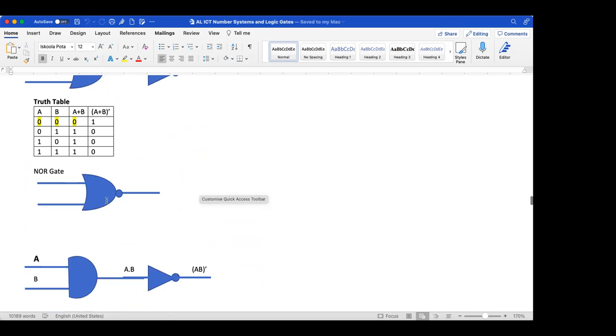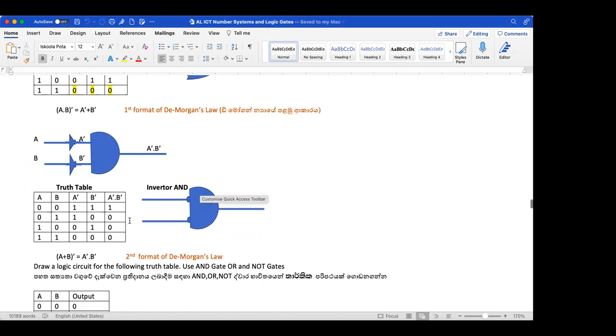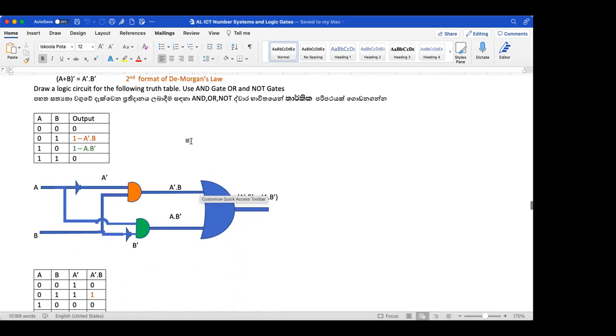You can also add the NOT at the beginning, so the inversion is done before the input to the AND gate. This is called inverter AND. The other one is called inverter OR.